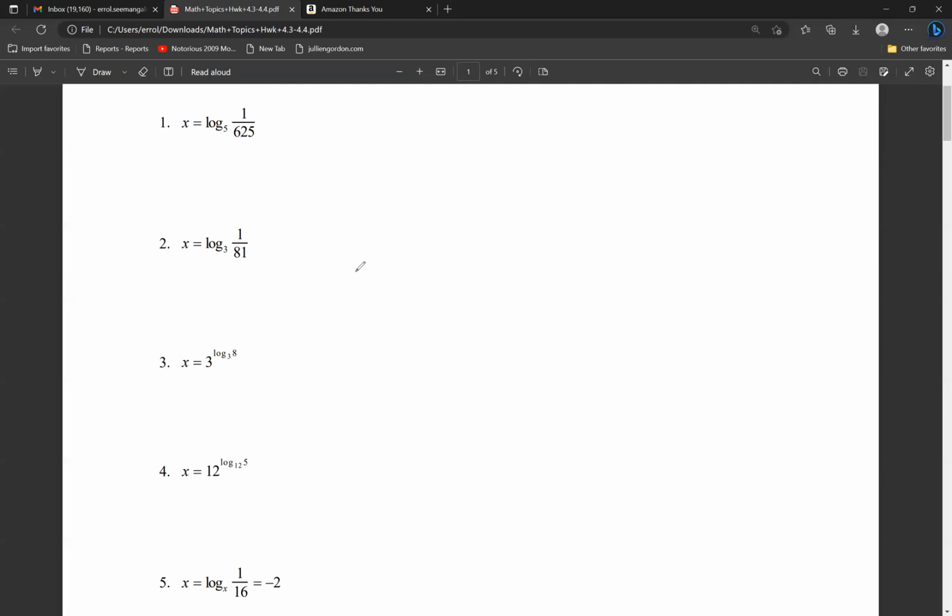Okay, let's see what's going on with 5. x equals log x to the, okay, so how can we rewrite that? Can it just be 1 over 16? Oh, we have to rewrite it. With what base will we use?